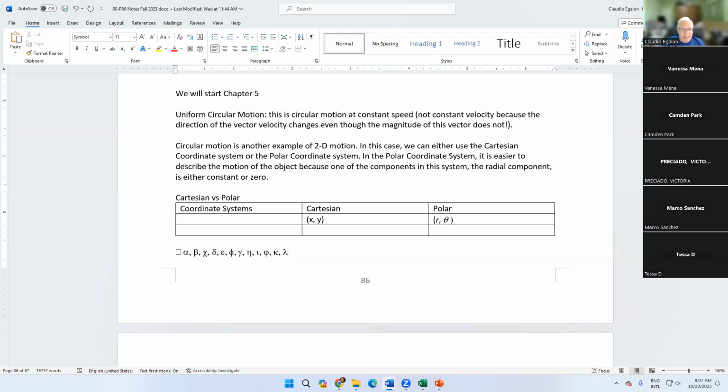L is lambda. M is mu, N is nu, O is omicron. So it maps almost the same from Greek to the Latin alphabet. P is pi, you know pi, right? Q is theta, R is rho, S is sigma, T is tau.